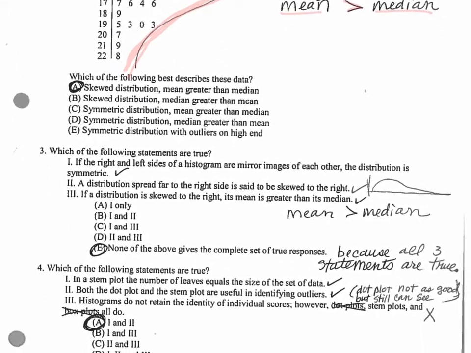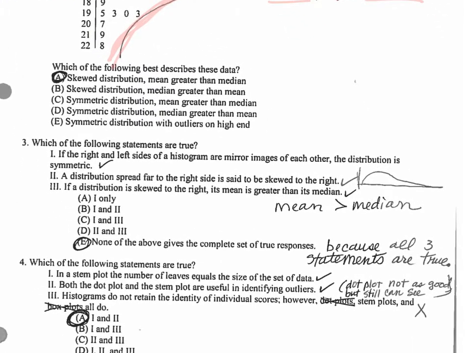All right, number 3, if it's symmetric, if the left and right sides are mirror images of each other, that's true. If a distribution is spread far to the right, so that's stretched out here to the right, then that is skewed right. That is true. Tail right is skewed right.